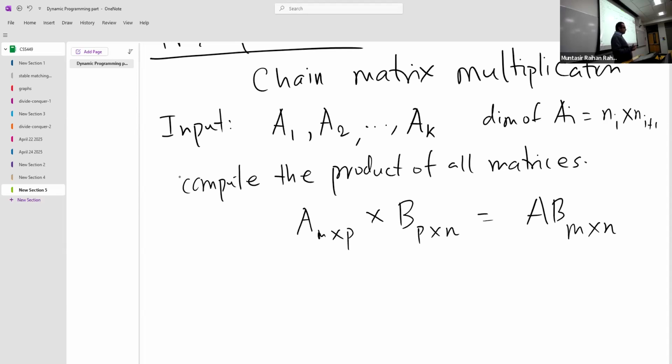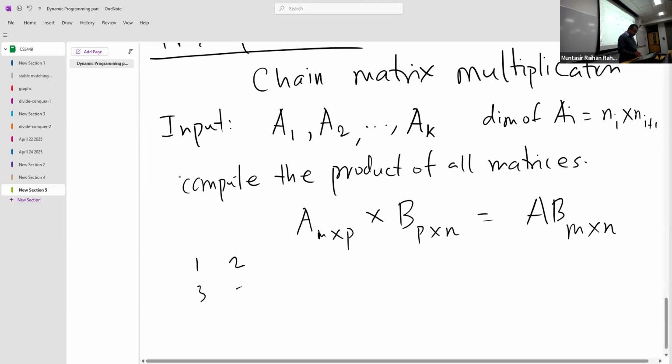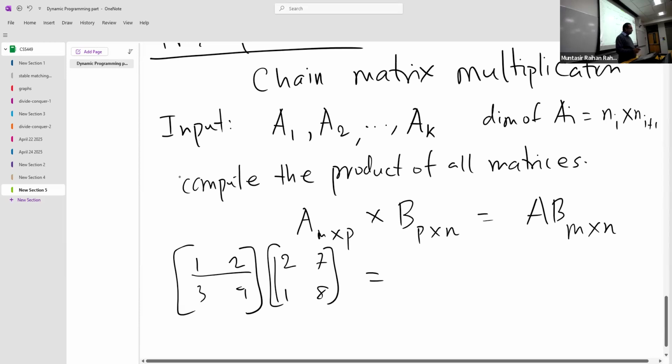In matrix multiplication, if you recall, this is 2 by 2 times 2 by 2, right? You take the first row here and the first column here, and you do the dot product of them, right? So then you get one item here, one here, one here, one here.